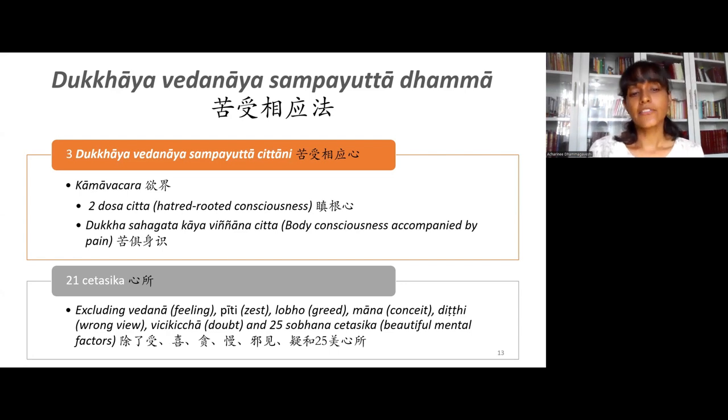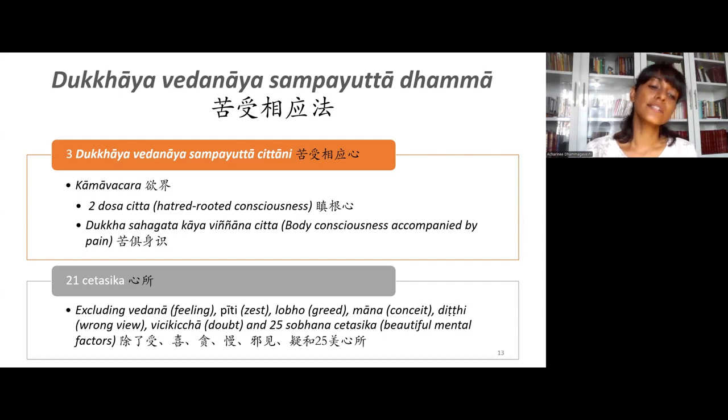And again, if we recap, Vedana is excluded because Vedana is excluded from all 3 terms of this Tika. Piti, there cannot be zest or piti when there is domanassa. Therefore, piti is excluded. Lobha, mana, and ditti. These 3 cetasika are exclusively found arising together with lobha chitta. Therefore, those 3 are excluded.